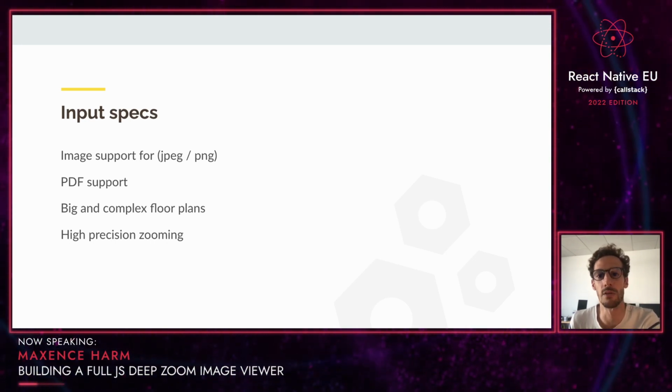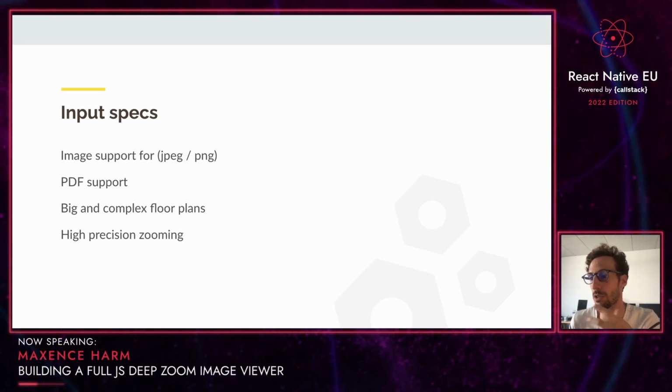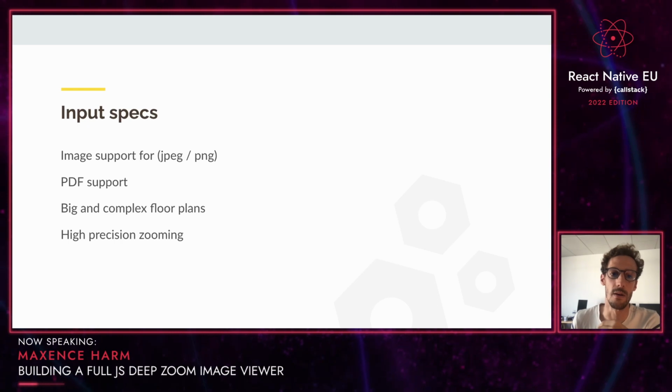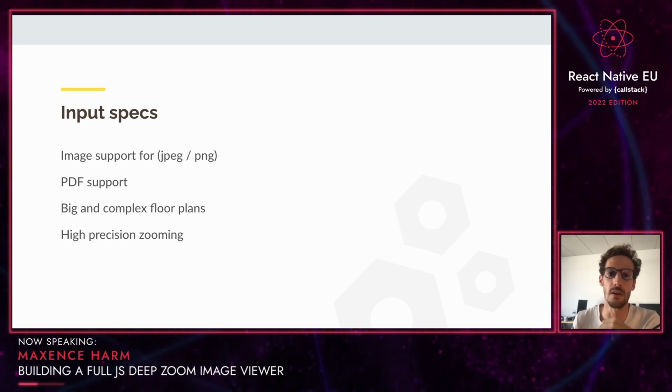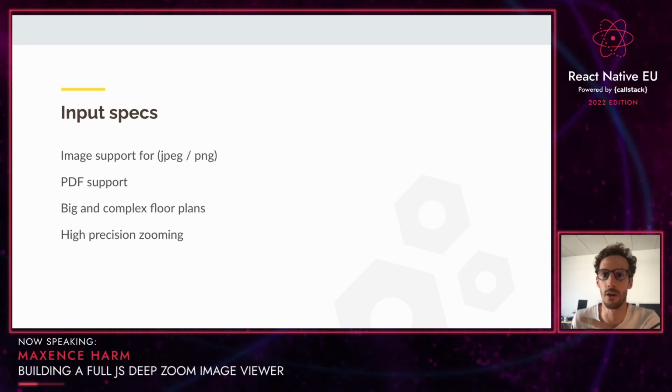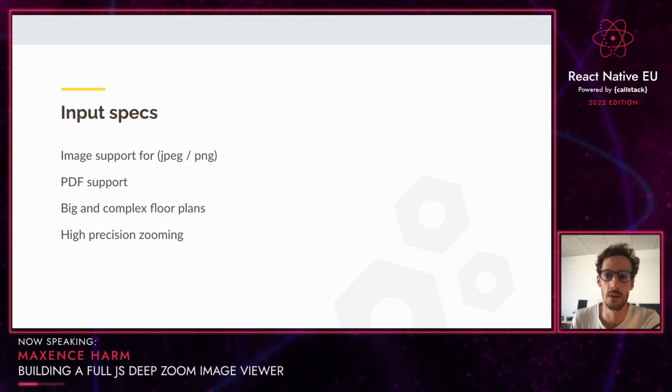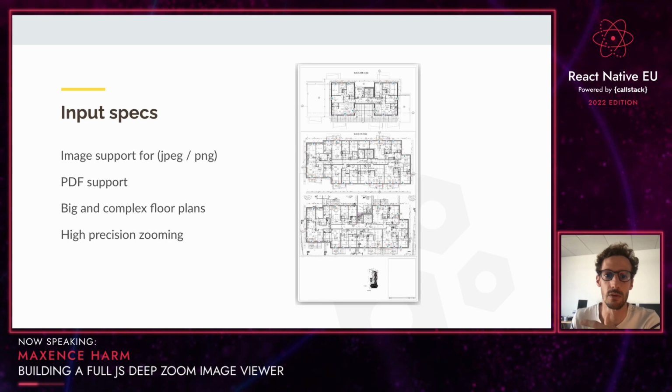And complex because for PDFs we've had discussions with a prospect who had huge blueprints with very detailed vector graphics, and that would need a lot of time to render, and that might cause some problems as well. So that's an example of a blueprint that was given to us to use for testing.